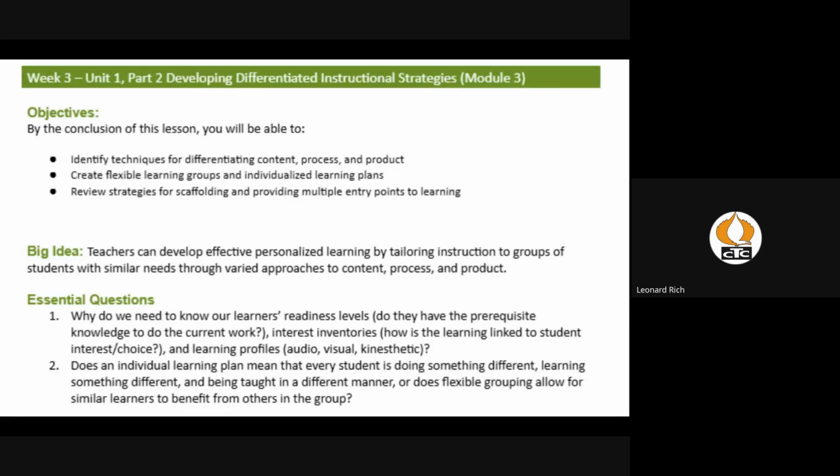So accommodation and modification: accommodate, giving them a path; modifying, doing something differently. And a lot of times when you think of modifications, we go right to the test. Maybe, with the IEP crutch, with a multiple choice written test, they get 2 selections as compared to 4.